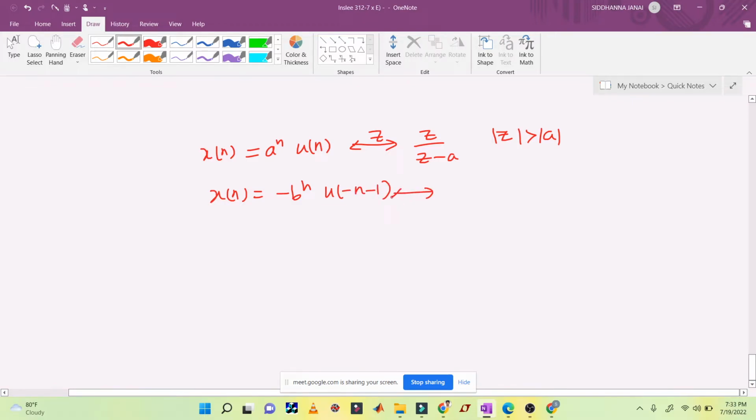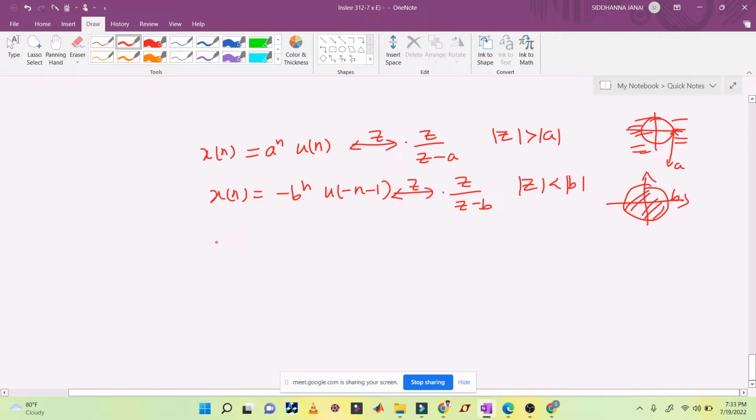For this, the z transform is z divided by z minus b. Both are positive, output here positive and positive. But the only thing is the ROC is b, that is, z is less than b. This is point A, and here the ROC will be inside, this point B.